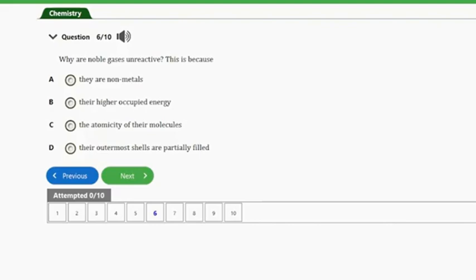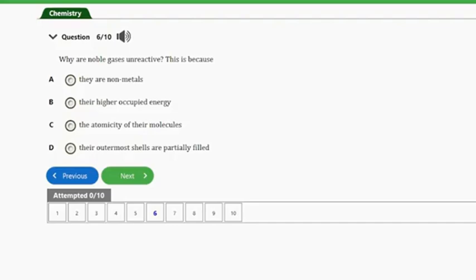Let's look at the next question, question number 6. It says, why are noble gases unreactive? This is because A, they are non-metals, B, they are higher occupied energy, C, the atomicity of their molecules, D, their outermost shells are partially filled.